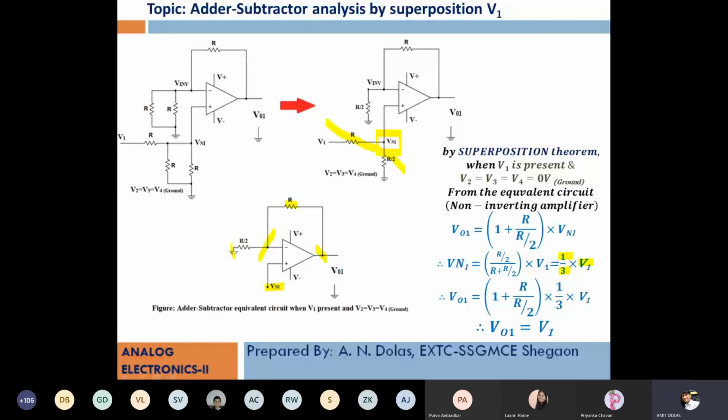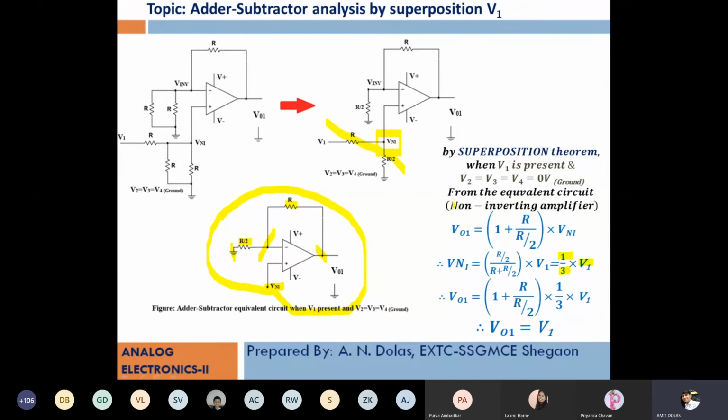So what is the mode of operation here? This third figure is simply a non-inverting operational amplifier. So the output will be the non-inverting gain times the applied voltage at the non-inverting terminal. So this equivalent circuit is a non-inverting amplifier. Due to source 1, the output will be V01, the effect of source 1.